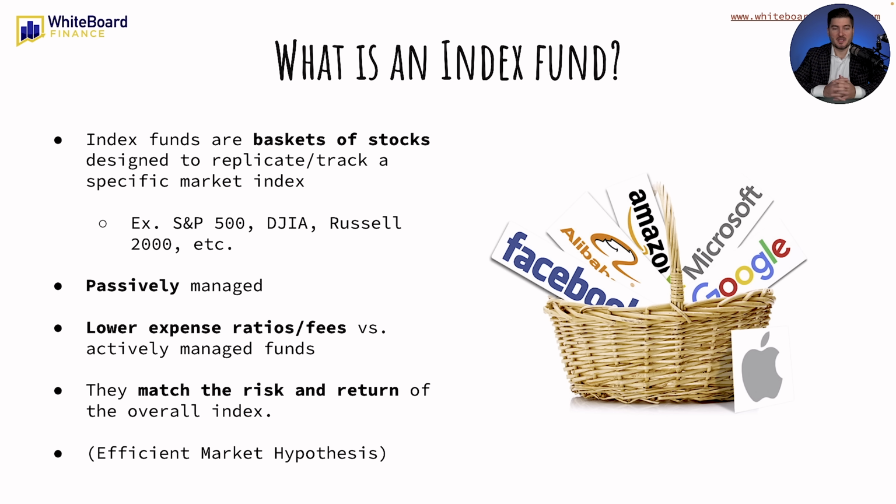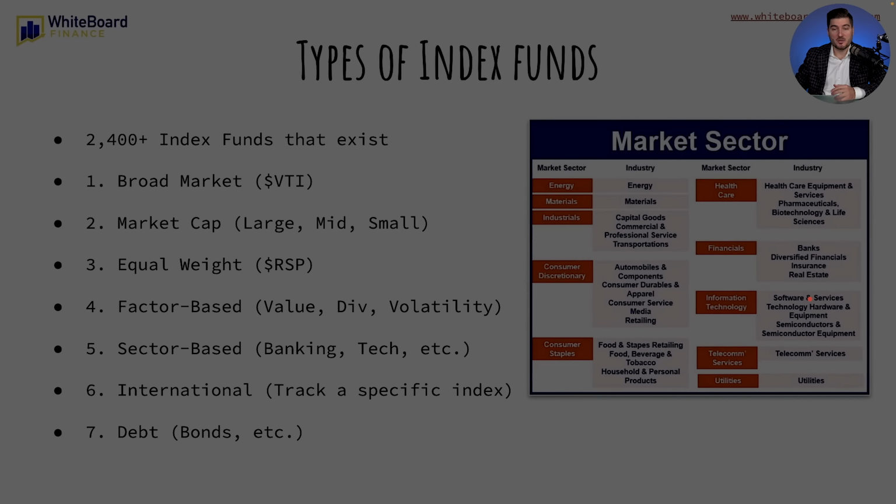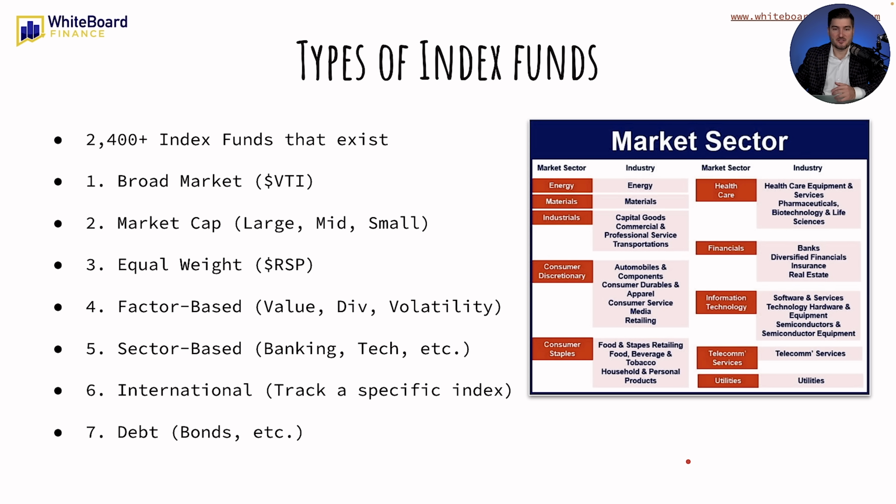And they also typically match the risk and return of the overall index that they are tracking. So a lot of people think that index funds are always fairly priced just because of efficient market hypothesis theory. This is basically saying that, hey, all this information is available out there in real time, and these securities are trading at exactly their fair price at all times. Some value investors would disagree with that, but that's not the scope of this video.